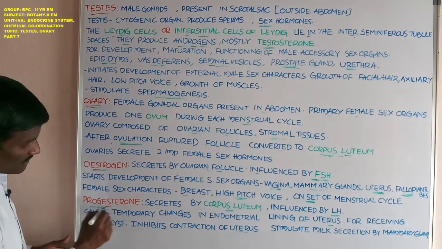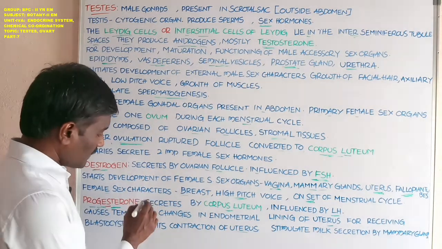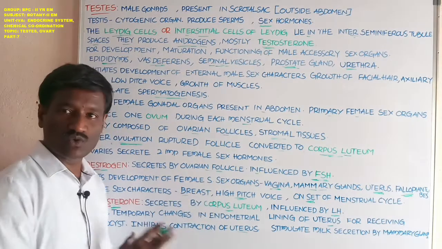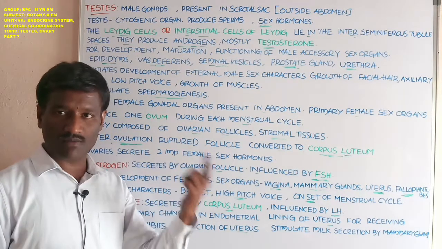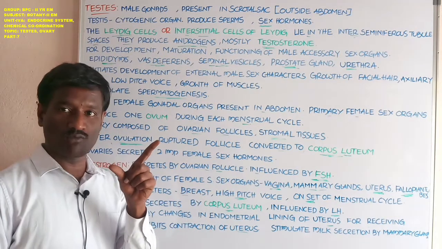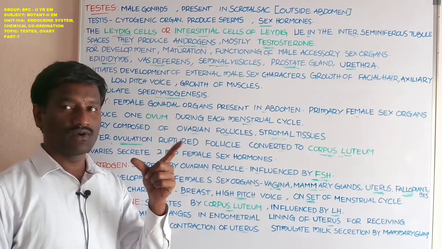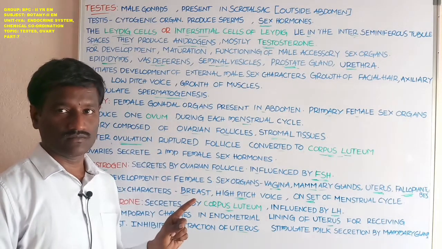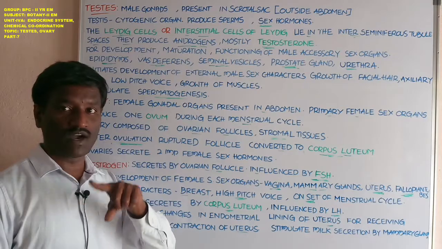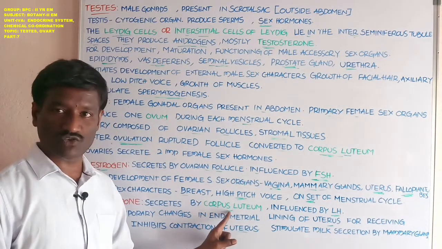Next, another hormone, progesterone. It is secreted by the corpus luteum. Already you know about the formation of the corpus luteum: it is the yellowish body of the fully developed Graafian follicle. After the release of the ova, the Graafian follicle turns into a yellowish body called the corpus luteum.